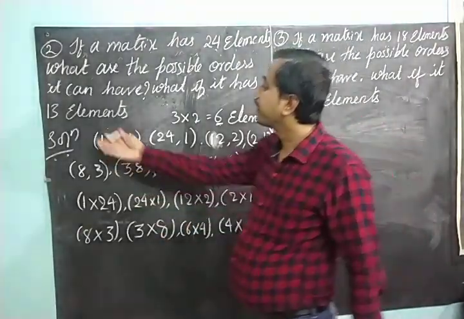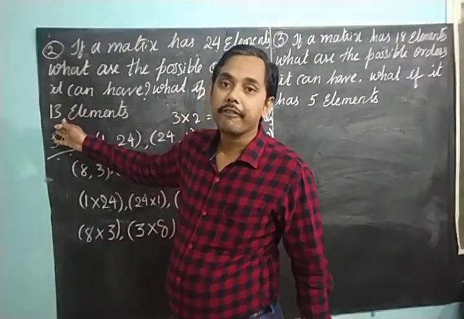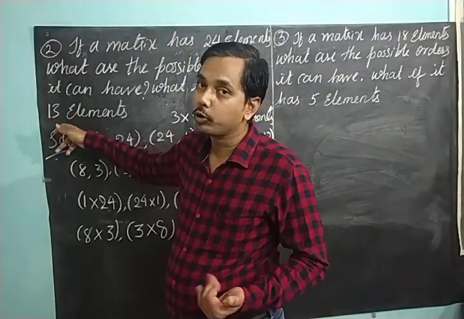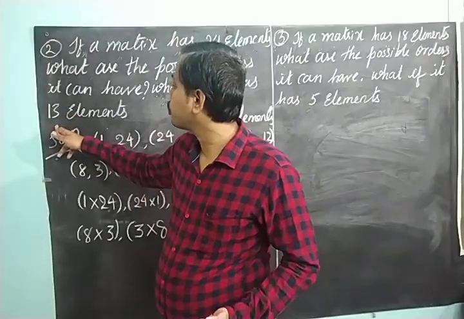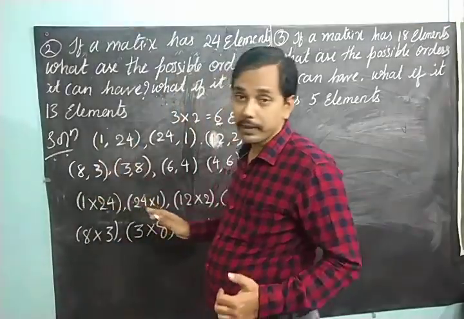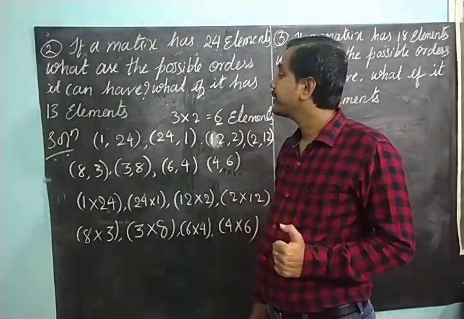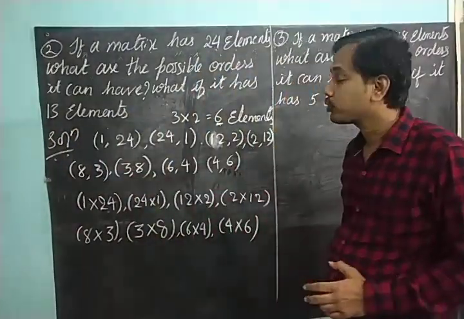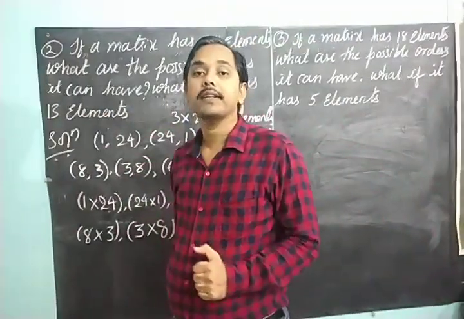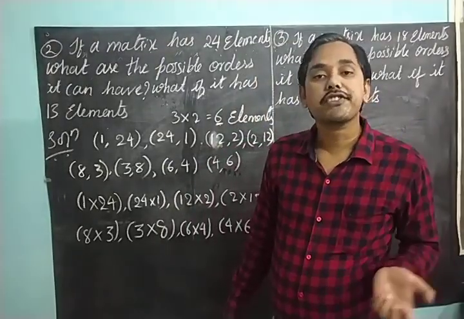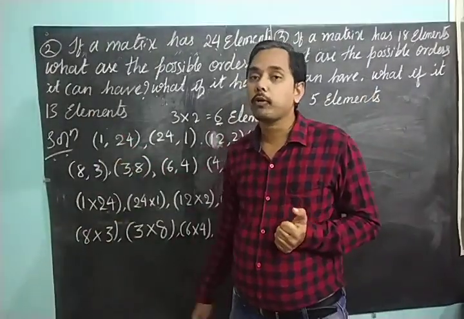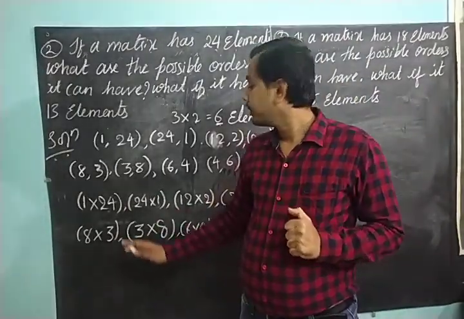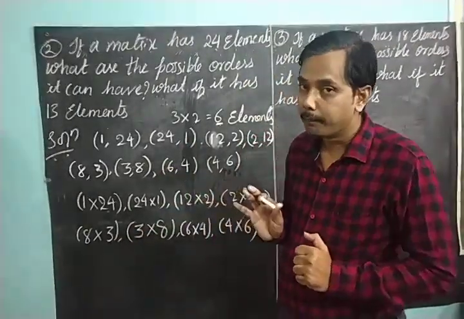Now coming to here, there are 13 elements. We need to find out the possible orders. Before that, we should know its factors. When you call anything a factor, it should divide 13. Any number which divides 13 will be called a factor of 13, and that can be used to form the order of a matrix.